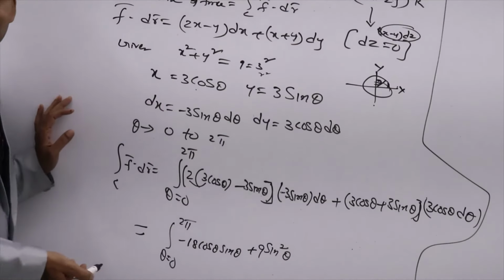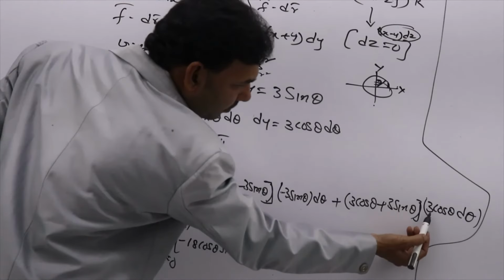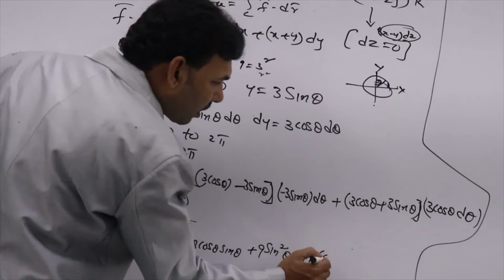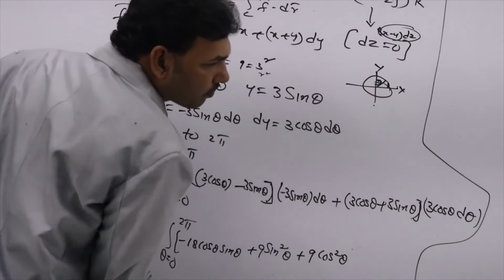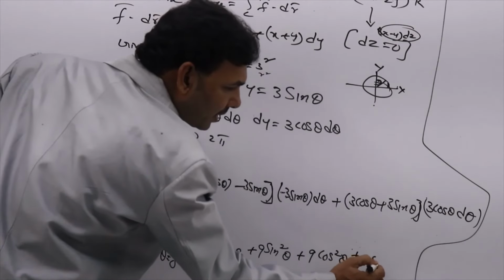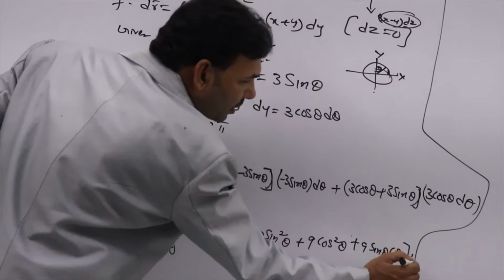We write d theta at the end. Coming to the other part, 3 3s are 9 cos square theta, and 3 3s are 9 sin theta cos theta, d theta.